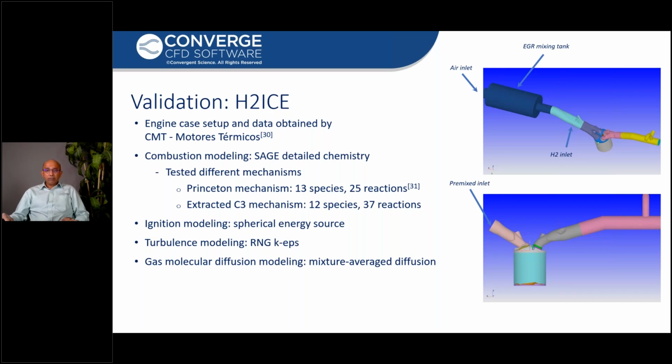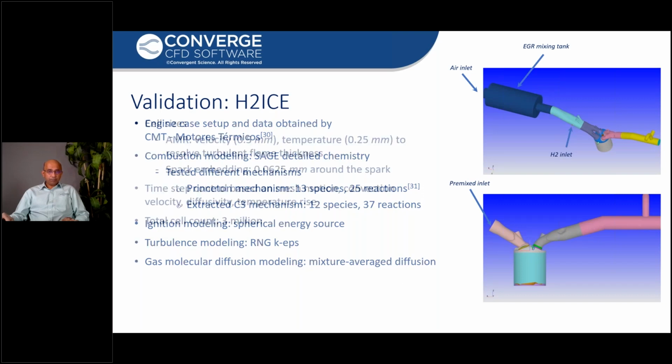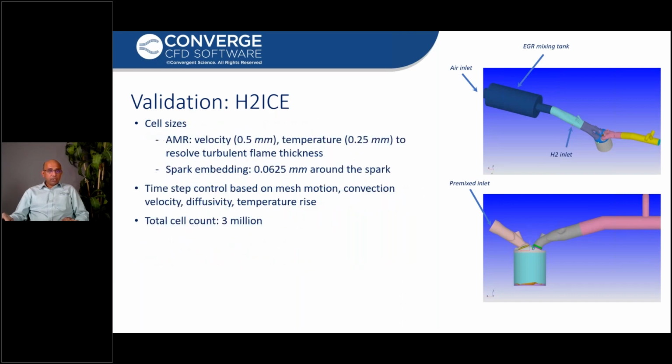RANS turbulence modeling was used with the mixture-averaged diffusion model to account for preferential species diffusion. 62.5 micron cell sizes were used to resolve the initial spark kernel growth, and then 0.25 millimeter cell sizes were used to resolve the propagating hydrogen flame front using temperature AMR. The maximum total cell count for this simulation was around 3 million.